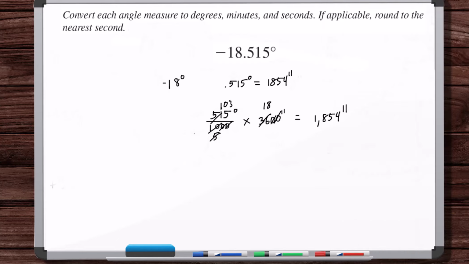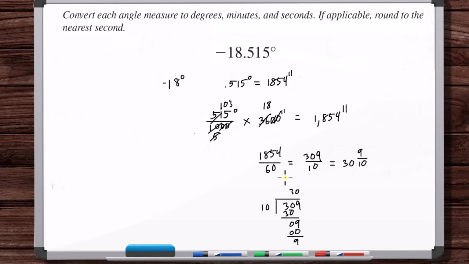309 divided by 10. Let's separate this out. So 309 divided by 10 is 30 and 9/10. So this is 30.9 minutes.